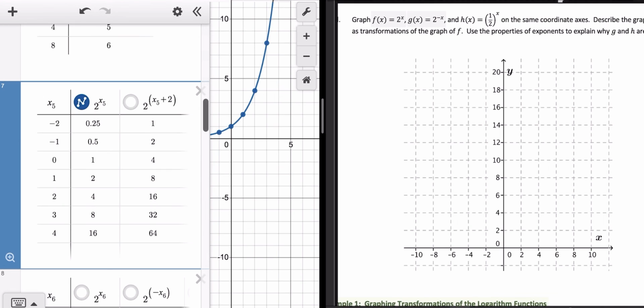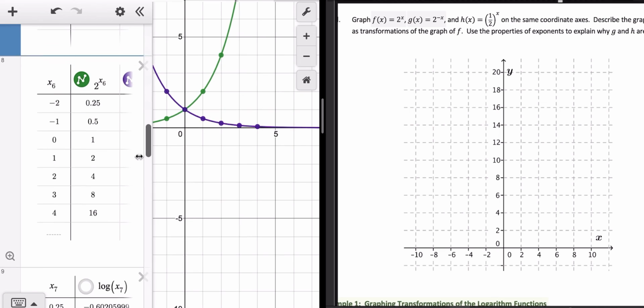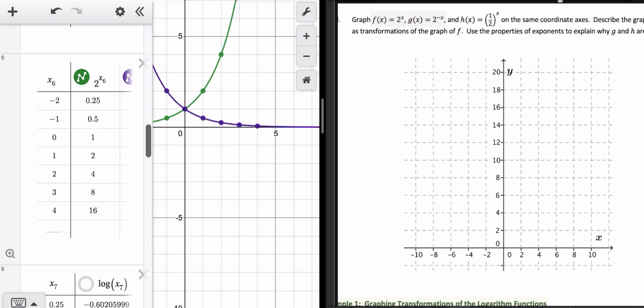It's going to reflect across the y-axis, the vertical axis here. So let me graph it here for you. See how that is just a reflection across the axis.